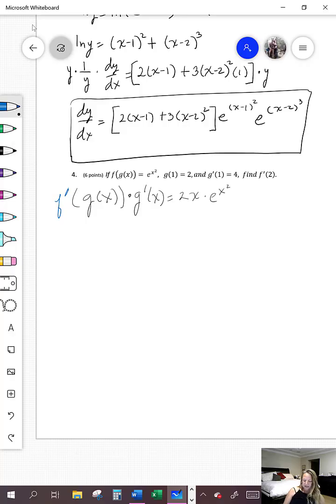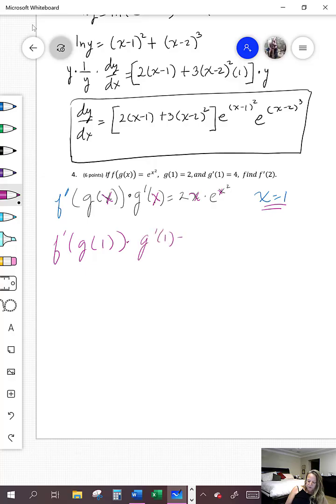So let's plug in x equals 1. Wherever we see an x, we're going to replace it with 1. So we have f prime of g of 1 times g prime of 1 is equal to 2 times 1, e raised to the 1 squared.